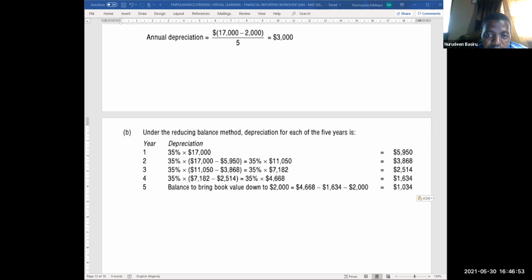Okay, we carry out the same method by removing the depreciation in the fourth year from the net book value in the fourth year. In the fifth year, we removed the depreciation in the fourth year from the net book value in the fourth year, and our result was $2,000.